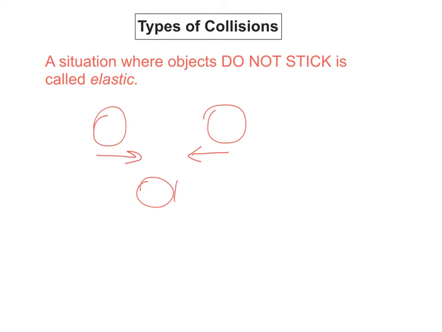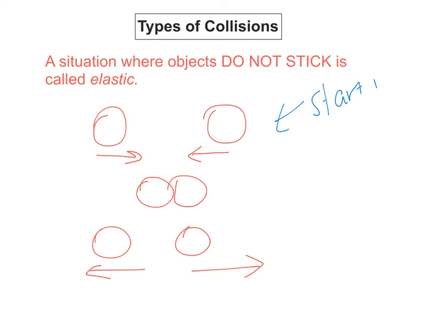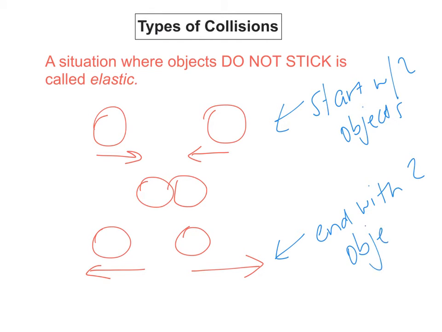They hit, and what happens afterwards is they rebound and split apart. In this case, you start with 2 objects and you end with 2 objects. You have 2 objects before and after the collision.